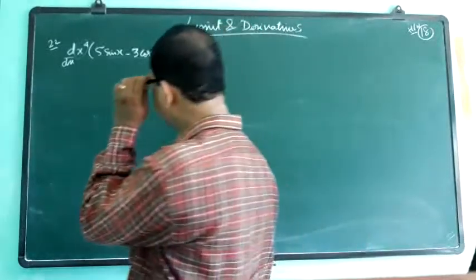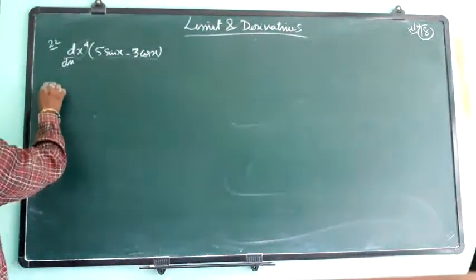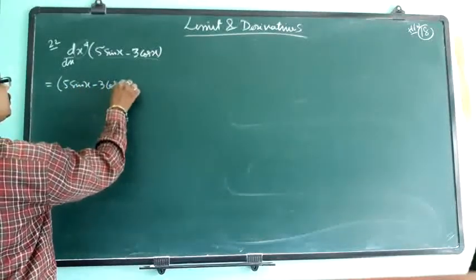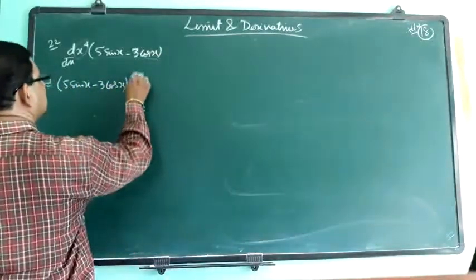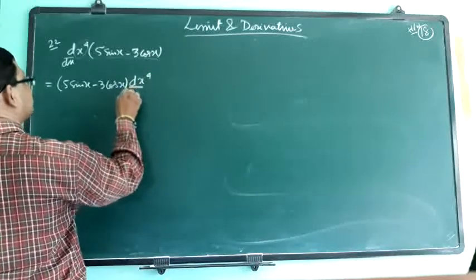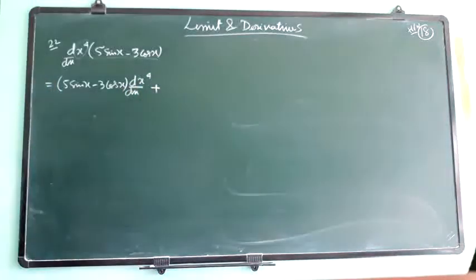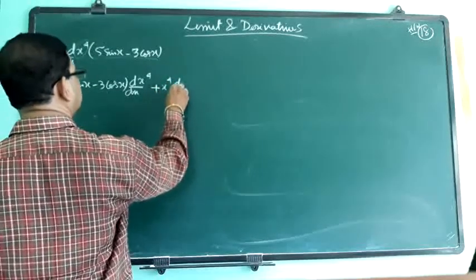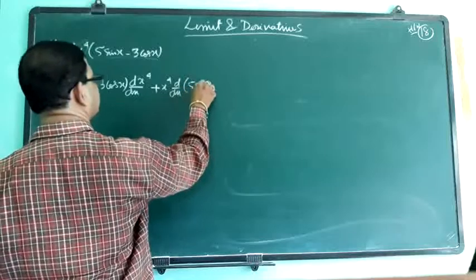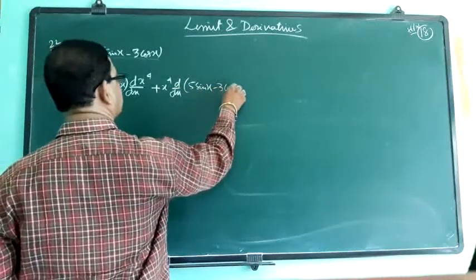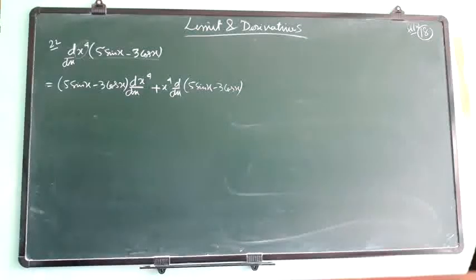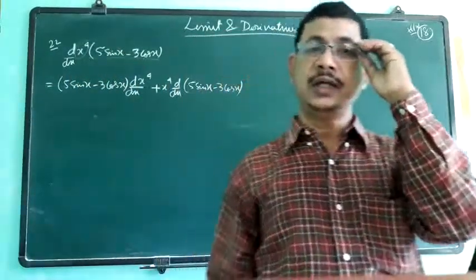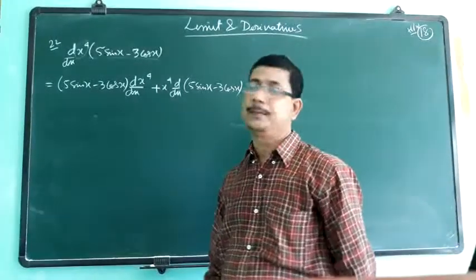So here v we will keep, that is 5 sin x minus 3 cos x, into du/dx, plus we will keep this one here and we will differentiate 5 sin x minus 3 cos x. So we have done like that, u into v formula, v du/dx, then u dv/dx, that I have written.